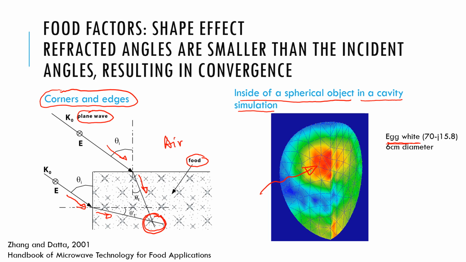Angle of reflection would be like that, and it is that effect enhanced. So if it's a sphere and a wave is coming in like that, another wave coming in like that, it is going to cause enhanced heating inside.